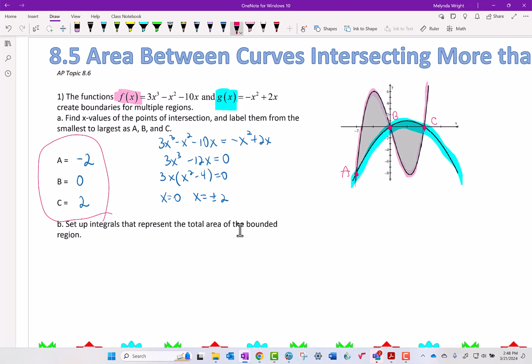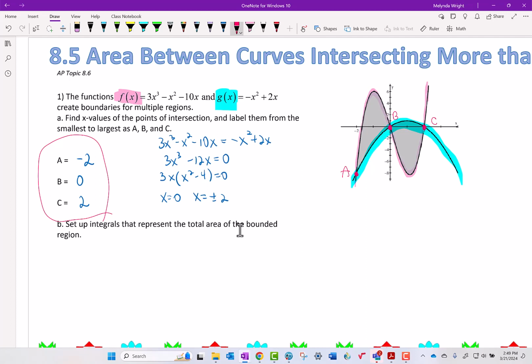Okay, so now they want us to set up the integrals that represent the total area. As I was saying before this was not cooperating with me, since I have said A is negative 2 and B is 0 and C is 2, I can actually use those letters as my integral bounds, and that is perfectly fine as long as I have said what they are.